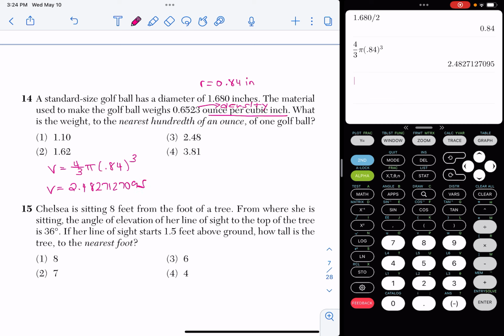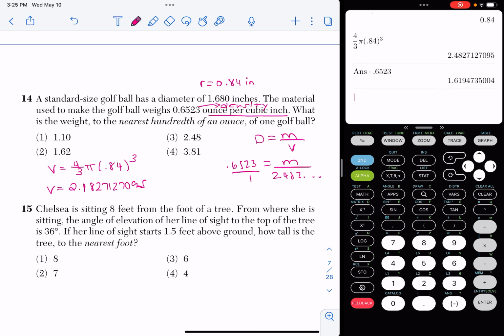I'm not going to round this yet because this is not my final answer. We want to know what is the weight. So the density is 0.6523, the mass we don't know, and the volume is that number we just found. If I cross multiply, I'm going to multiply that 2.48 by that 0.6523, and I get that the mass is 1.62 to the nearest hundredth, so choice 2.